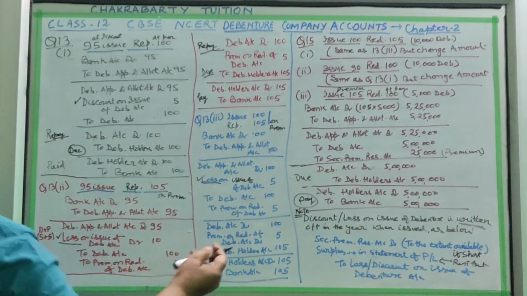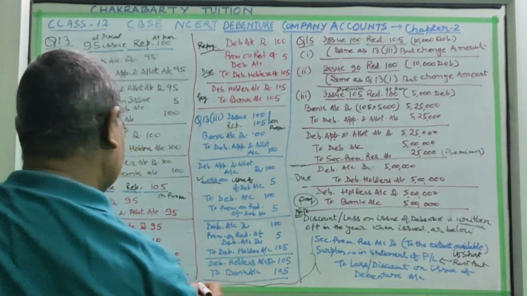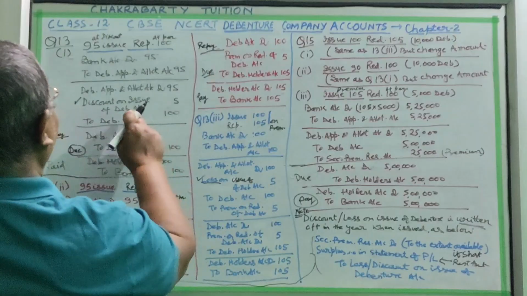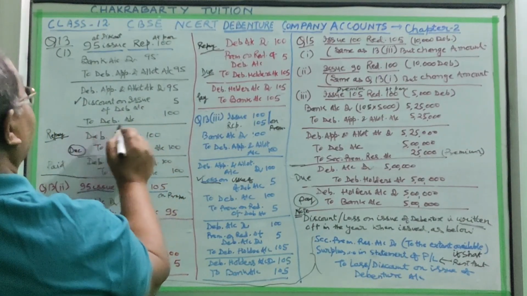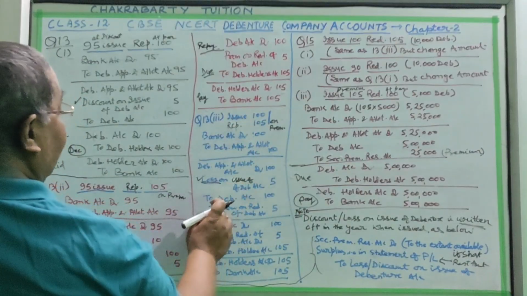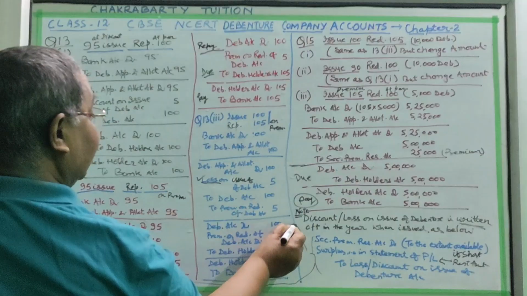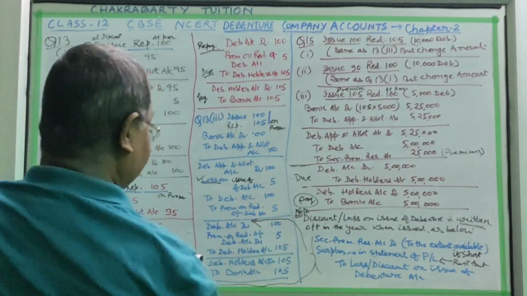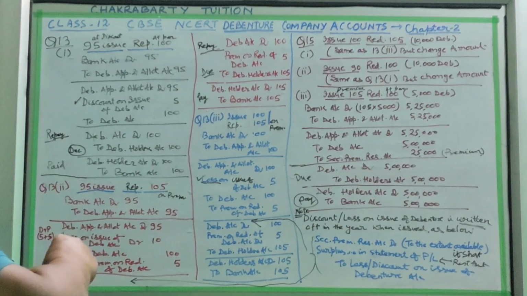Here also, before repayment, you have to pass this entry, because loss is there. You can do this entry also. Now we will do question 15.4 onwards.